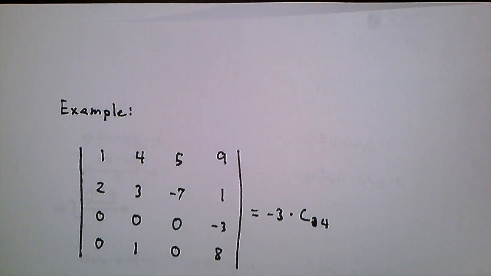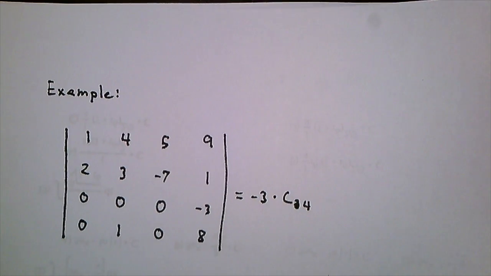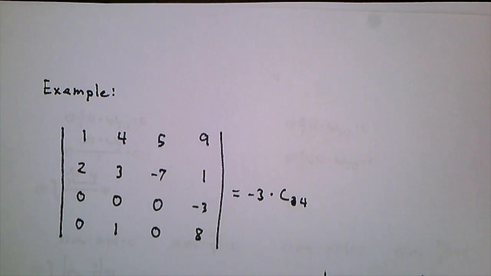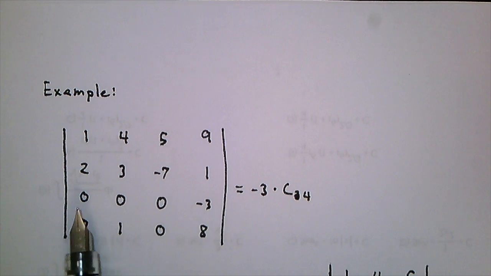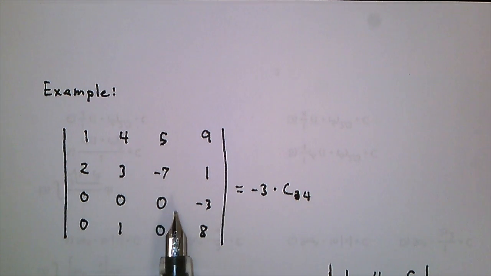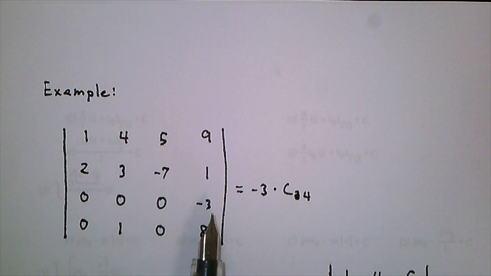So with this helpful theorem in mind, let's do an example of a 4 by 4 determinant. The first thing to do is to pick which row or column you want to do your cofactor expansion along. So notice that the third row has 3 zeros and only 1 non-zero entry.